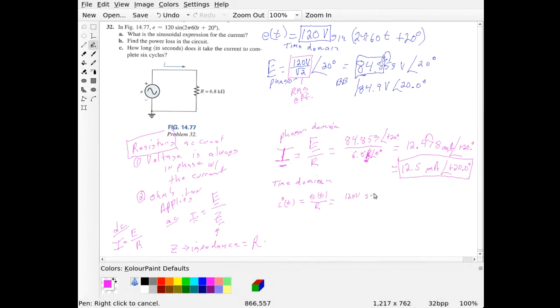Sine, and remember 2 pi 60 is 377 radians per second, if you multiply it out, times t plus the 20 degrees. And so we write that divided by R, which was 6.8K.